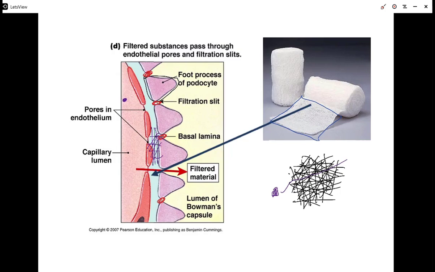For my test in particular, I tend to treat this as we retain all plasma proteins. I don't consider the small ones that do kind of sneak through. So again, if you're thinking about it from my test perspective, go ahead and just write down that plasma proteins are retained with the basal lamina and the podocytes.